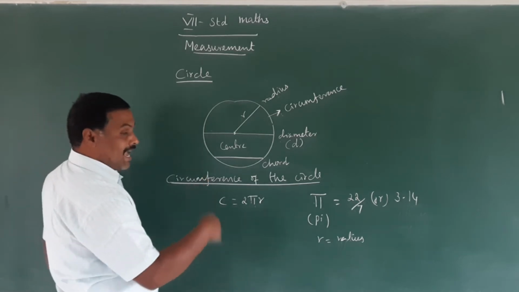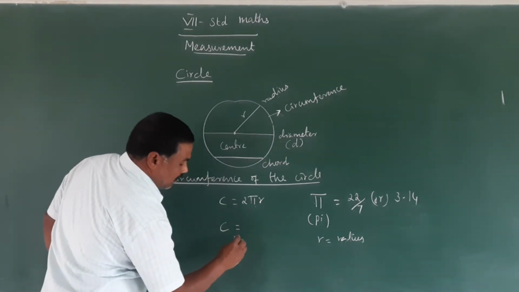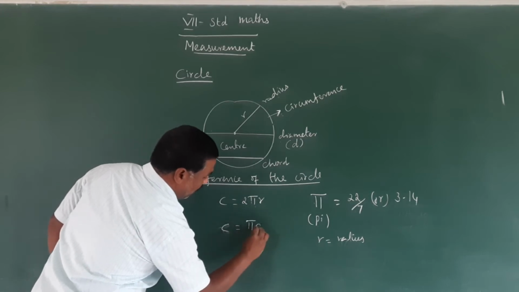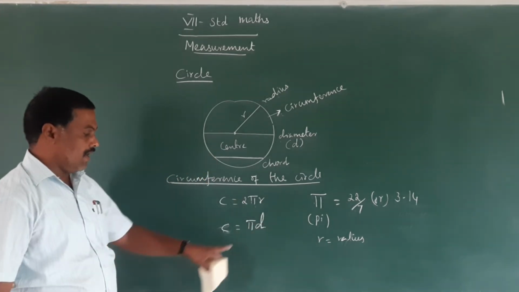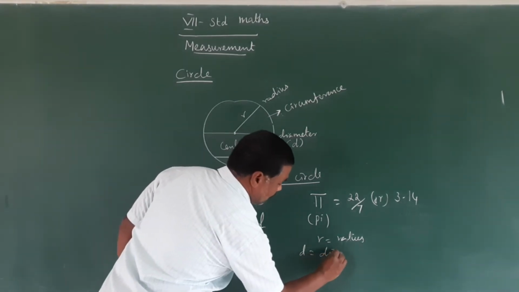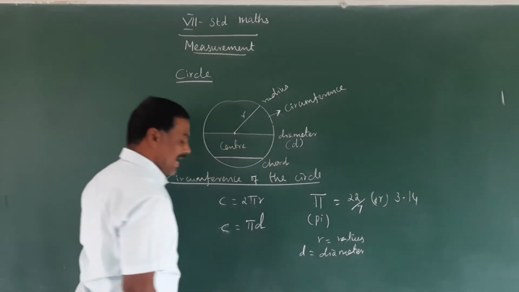If the diameter is given, there is one more formula: C equals pi D. D means diameter.